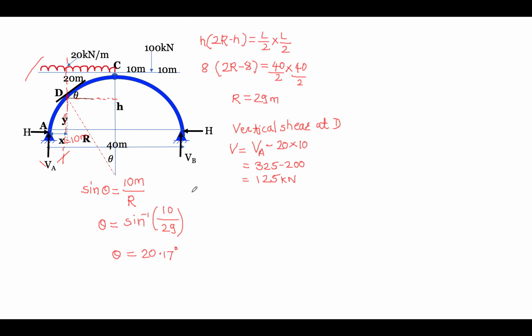Now coming to the normal thrust. The normal thrust formula is N is equal to V sine theta plus H cos theta.